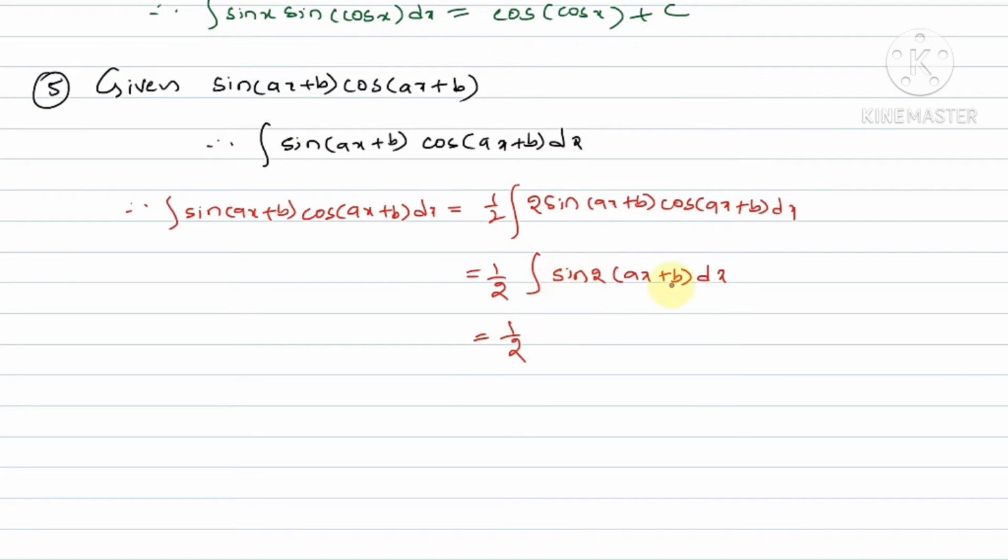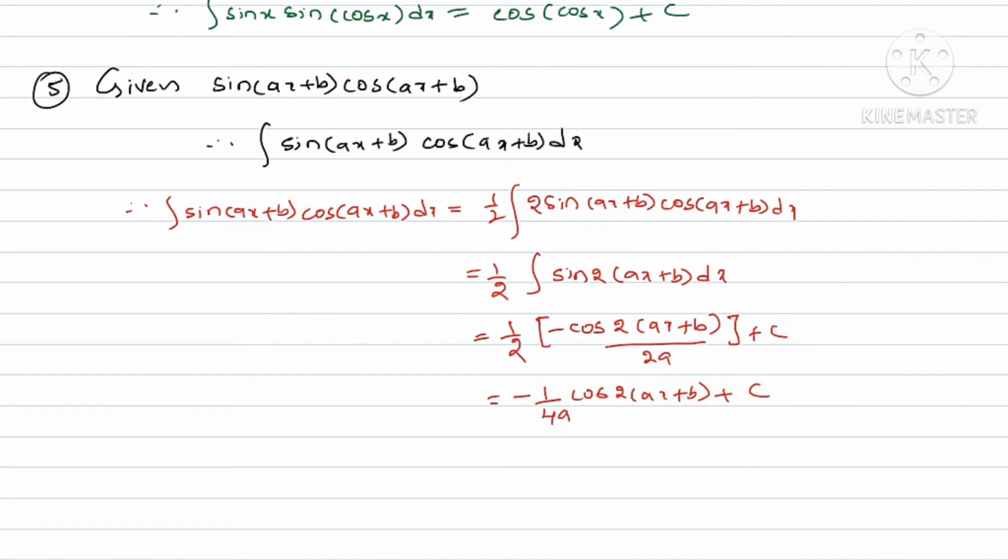So 1 by 2 into the integration of sin x, which is minus cos of 2 into (ax plus b), and the derivative of 2 of (ax plus b) gives 2a, plus some arbitrary constant. Which implies minus 1 by 4a into cos 2 of (ax plus b) plus some constant.